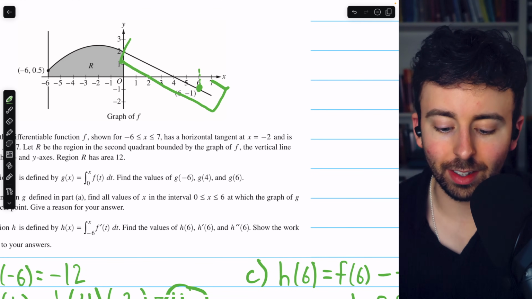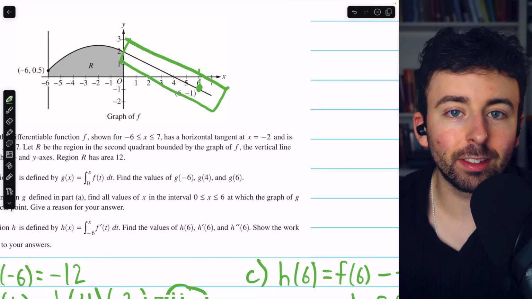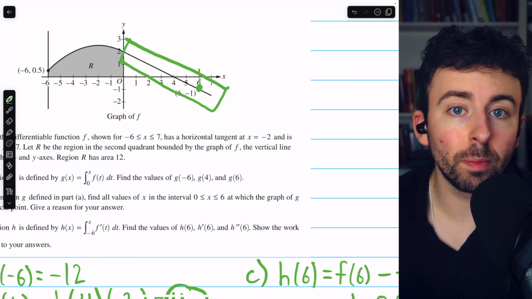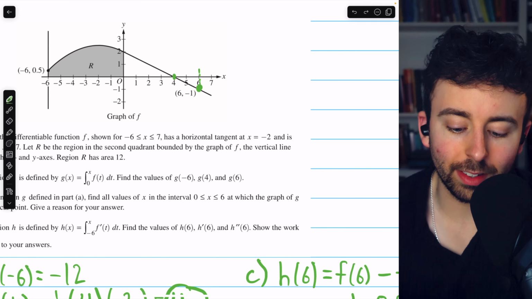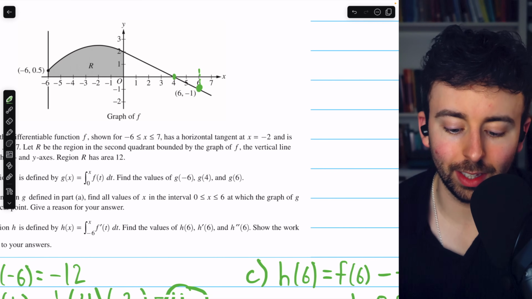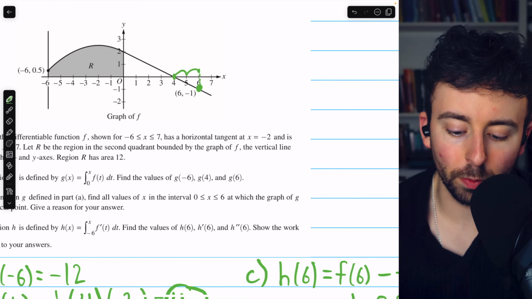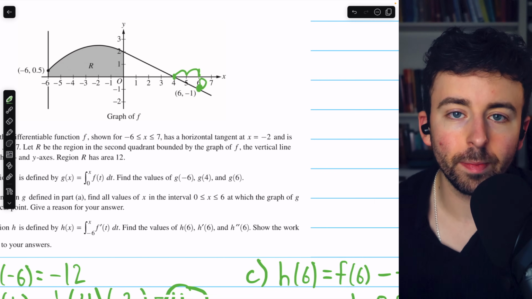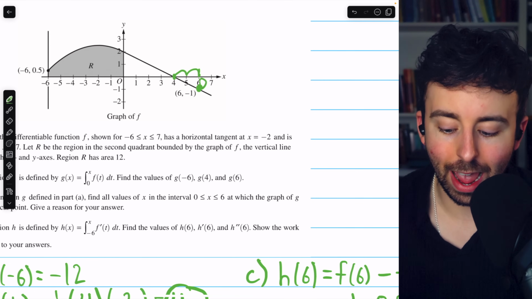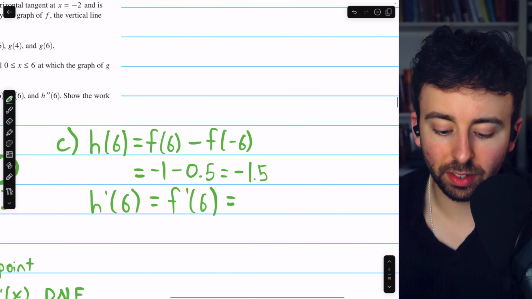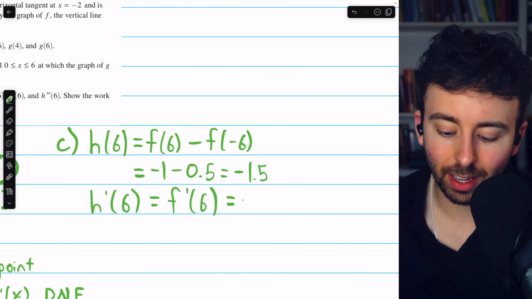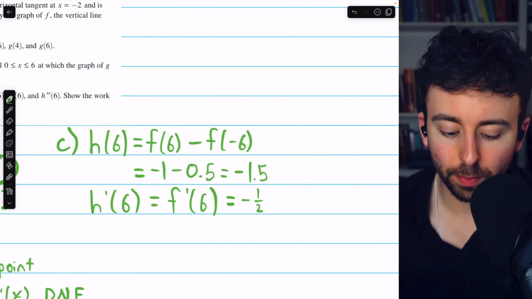We know that this is linear, and so the derivative is just going to be the slope of this line. We can see 2 points here that allow us to quickly calculate the slope. The line goes over 2 and down 1. So that's a slope of -1/2. Hence, h prime of 6, which is f prime of 6, is -1/2.